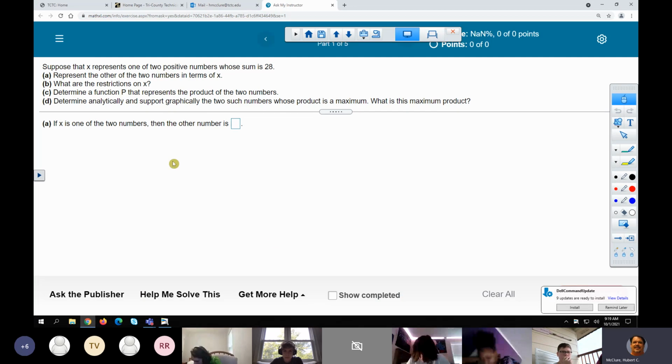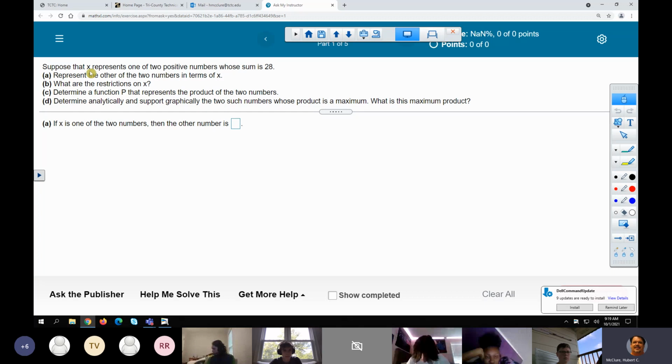There we go. Suppose that x represents one of 2 positive numbers whose sum is 28. Represent the other of the 2 numbers in terms of x. What are the restrictions on x?